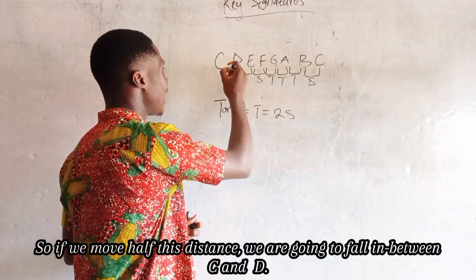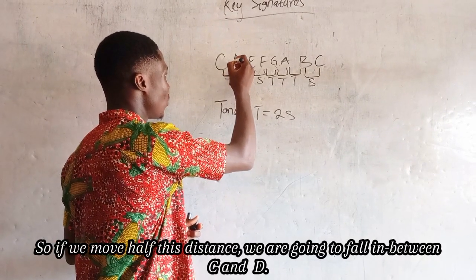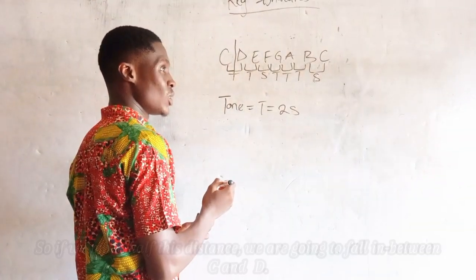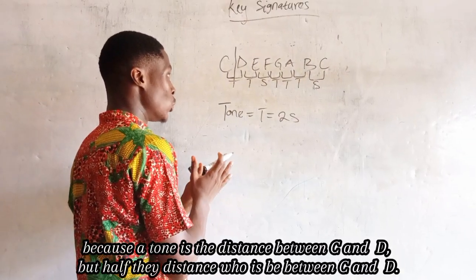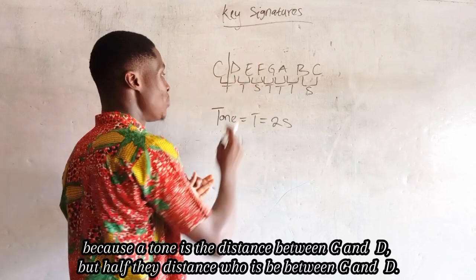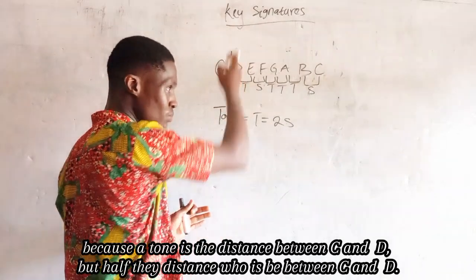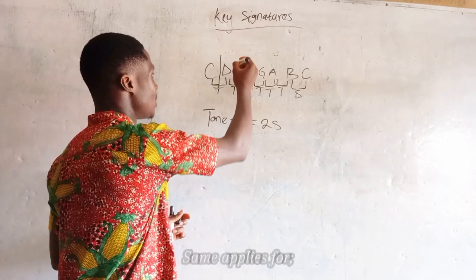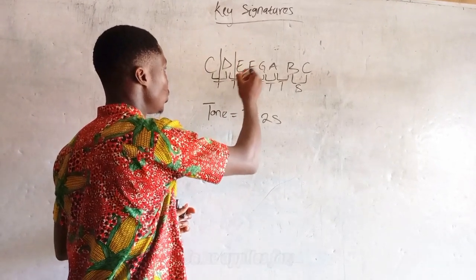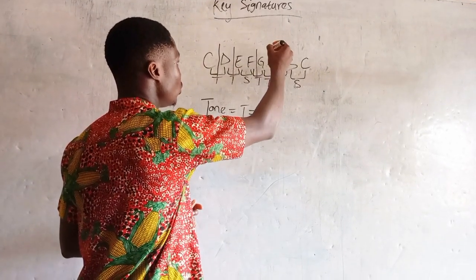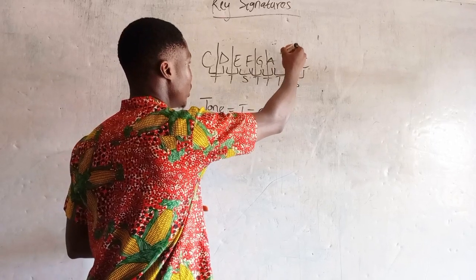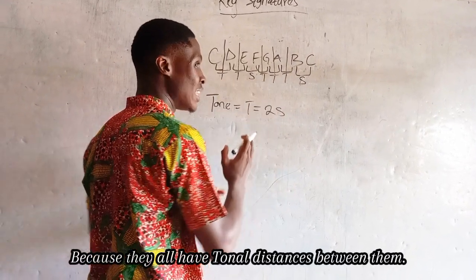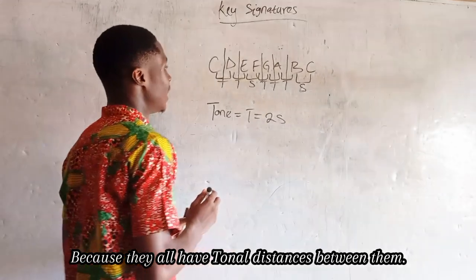So if we move half this distance, we are going to fall in between C and D, because a tone is the distance between C and D, but half that distance should be between C and D. Same applies for D to E, F to G, G to A, A to B, because they all have tonal distances between them.